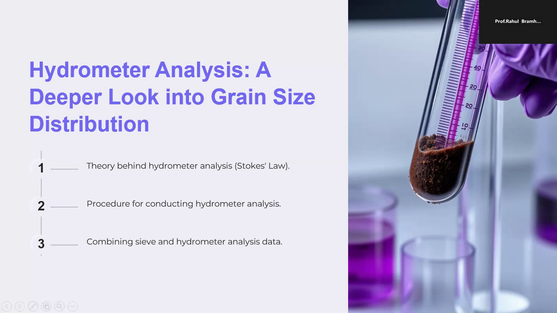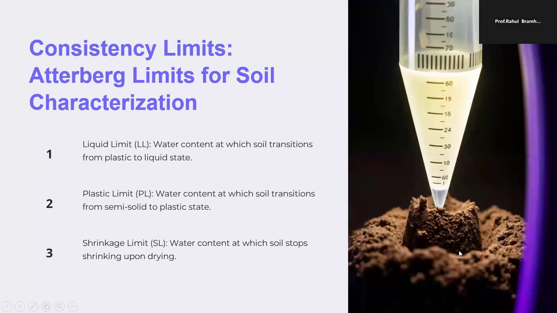Then next are consistency limits. These limits vary with the varying water content present in soil. The first limit is the liquid limit, the second is the plastic limit, and the third is the shrinkage limit. The liquid limit is the water content at which the soil transfers from plastic to liquid state.